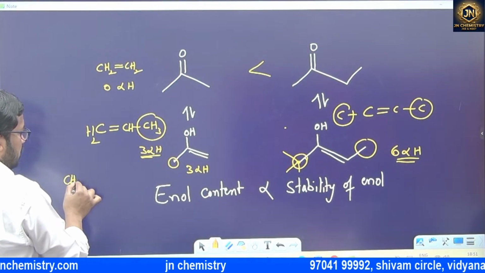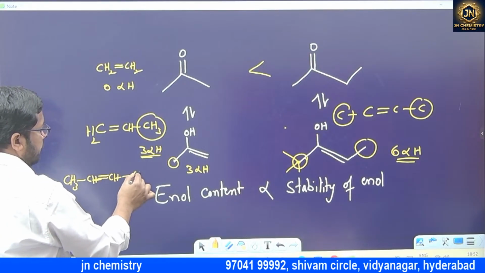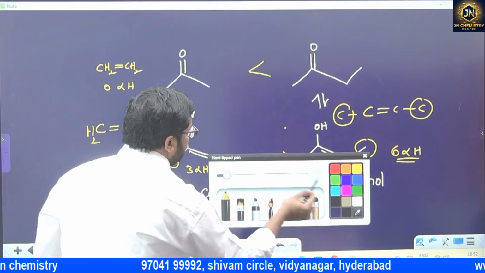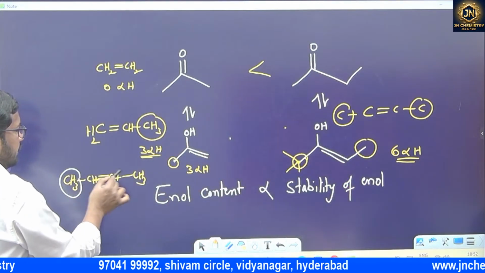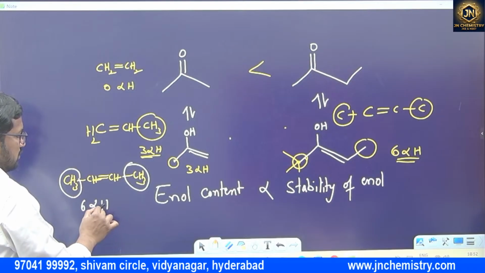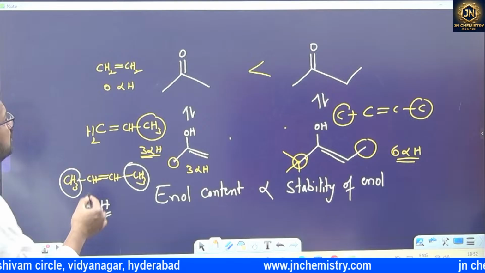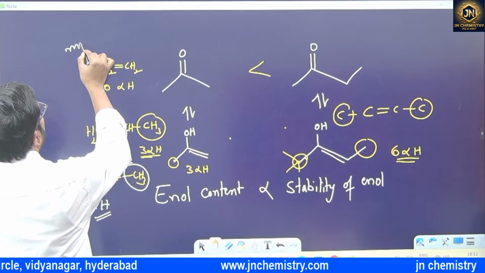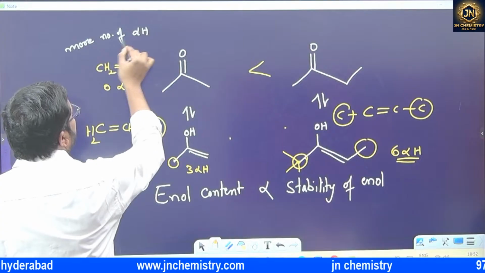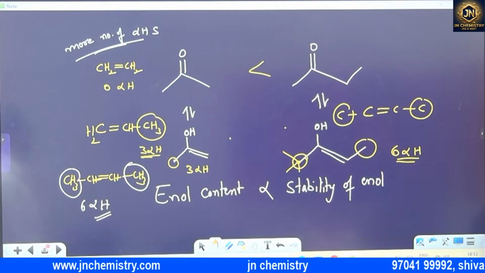CH3 CH double bond CH CH3: in this case, how many alpha hydrogens? 3 plus 3, 6 alpha hydrogens. So the more alpha hydrogens, the more stable the alkene or the compound is.